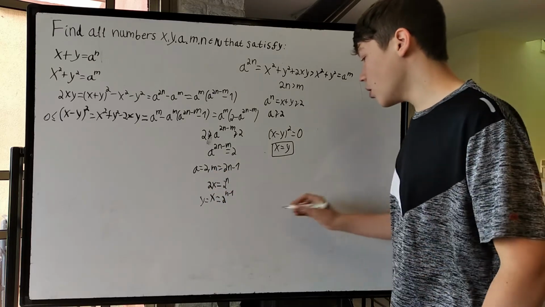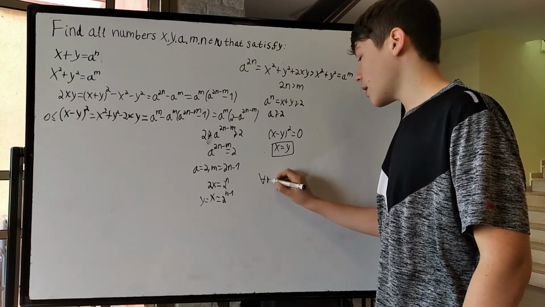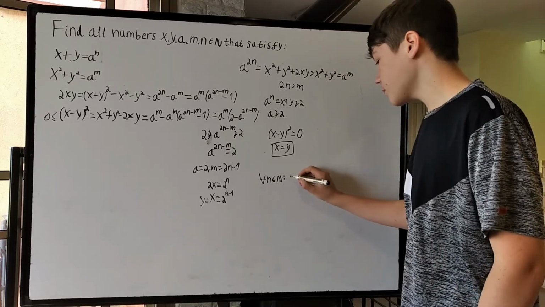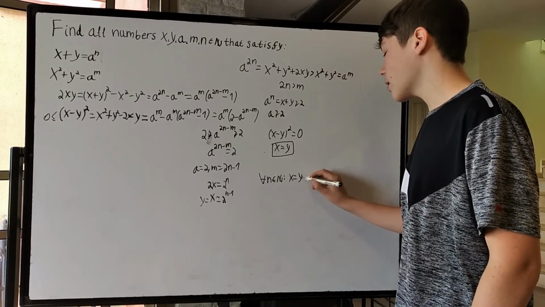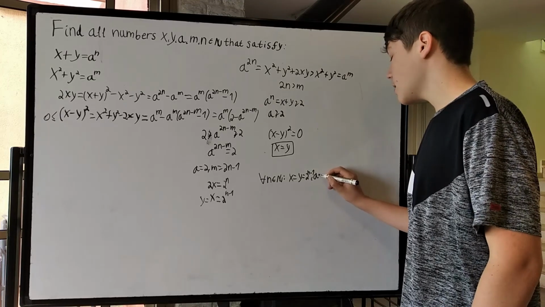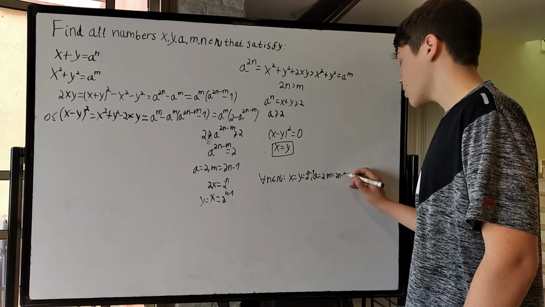So, all in all, our final solution is for all n that are natural numbers, x is equal to y, which is equal to 2 to the n minus 1, a is equal to 2, and m is equal to 2n minus 1.